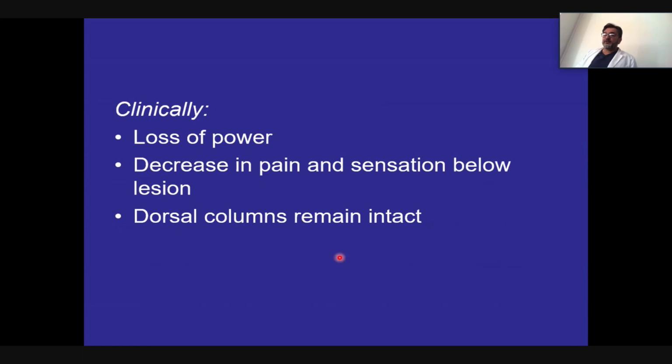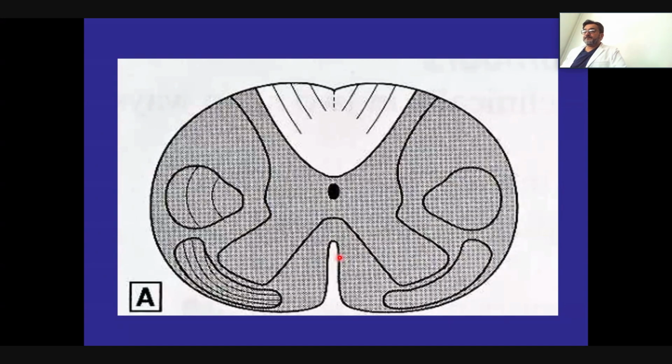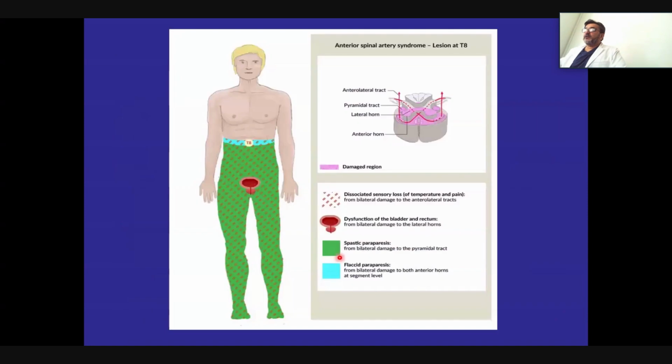So loss of power, decrease in pain and temperature sensation below the lesion, and the dorsal column remains intact. So this is what you are going to see. There is bilateral loss of pain and temperature, bilateral spastic paralysis. At the segment, you have flaccid paralysis.